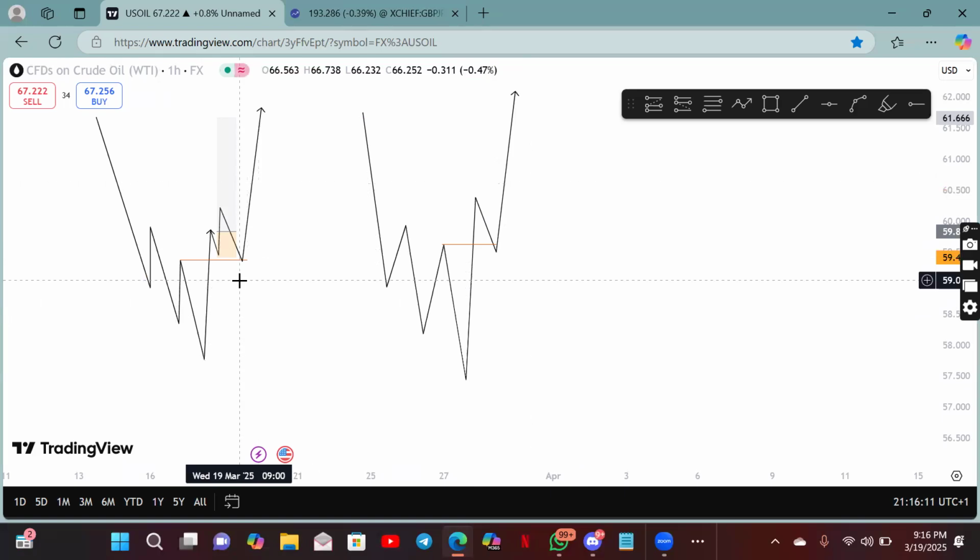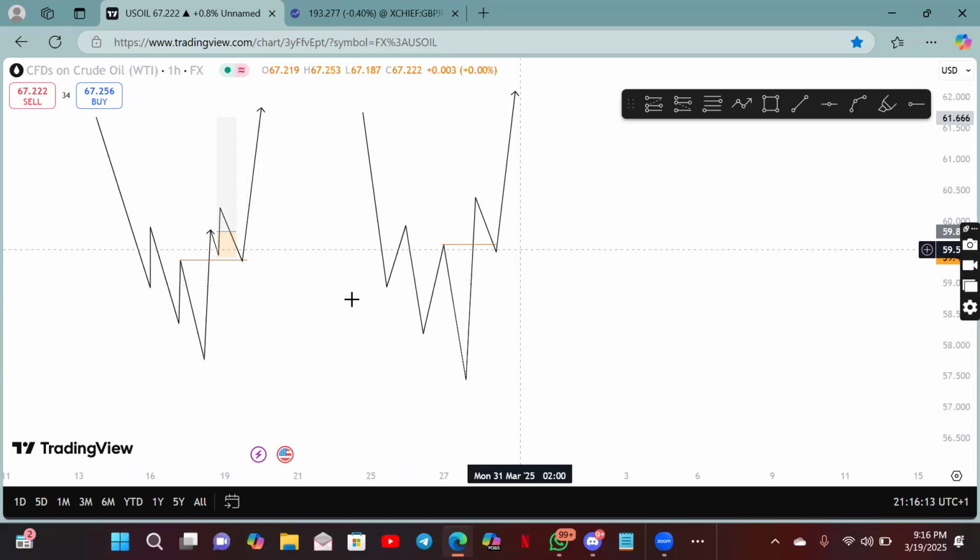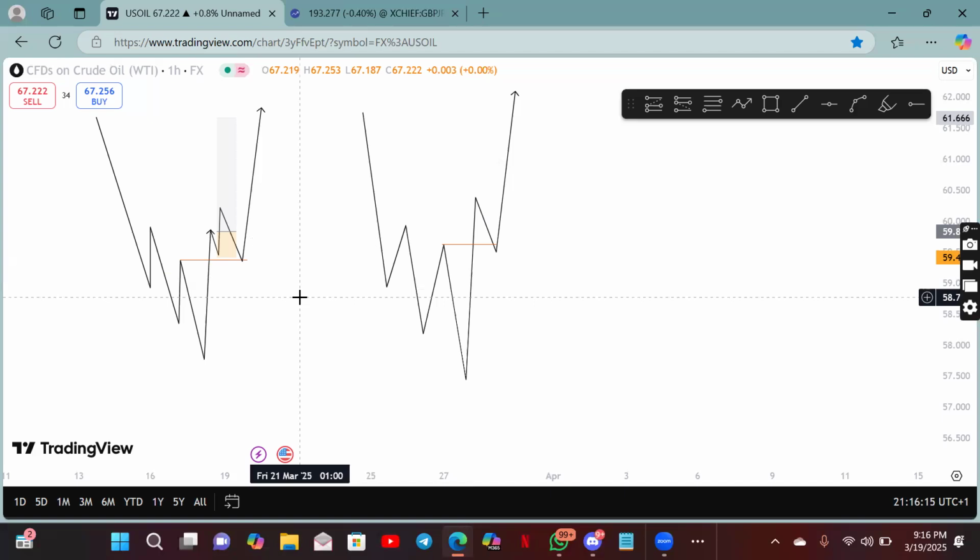Do you understand? 70% of the pairs, I mean different pairs, any pair you are trading. If you see inducement, it has a higher probability of playing out nicely. It's not as if this one does not go. It goes, but not all. Sometimes it goes.